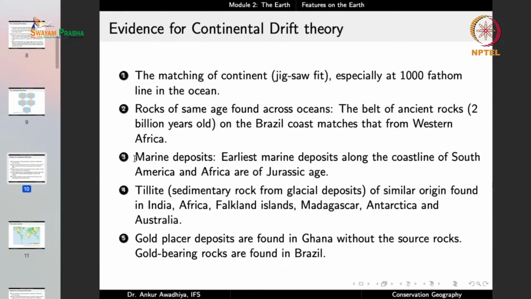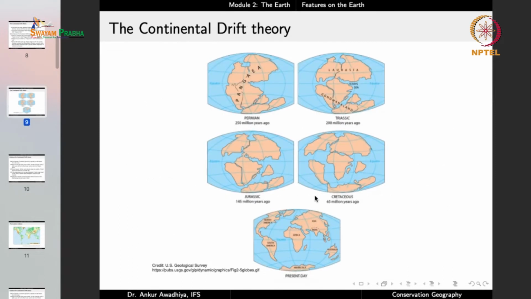Another evidence is that of the marine deposits. Earliest marine deposits along the coastline of South America and Africa are of Jurassic age. So basically what he was proposing is that before the Jurassic period South America and Africa were joined together, and around the Jurassic period they began to split apart.